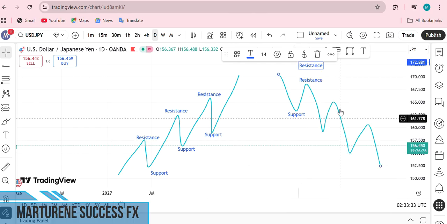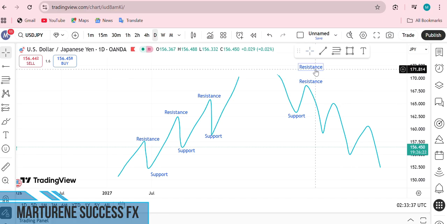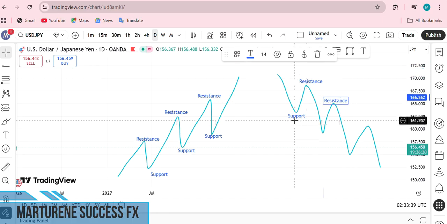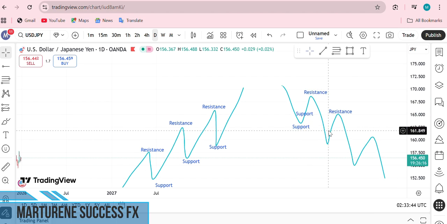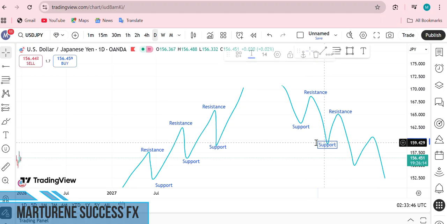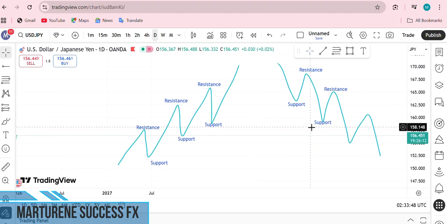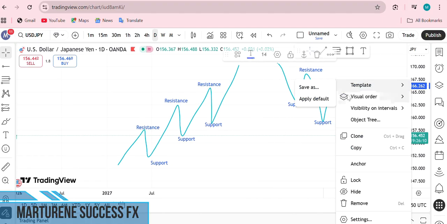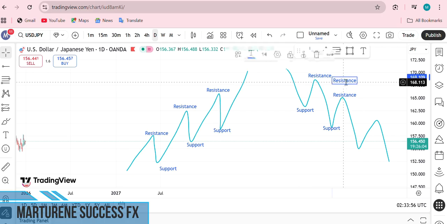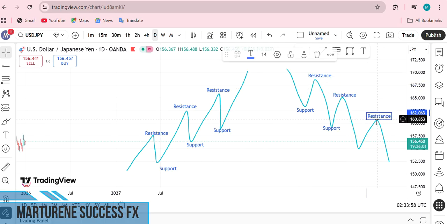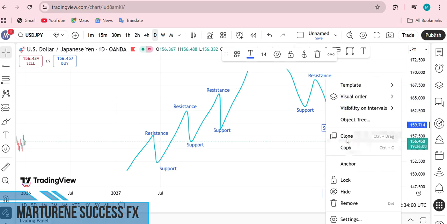The highest point is resistance, the lowest point is support. You need to understand it very well because you need this concept a lot in your trading. So resistance, support.